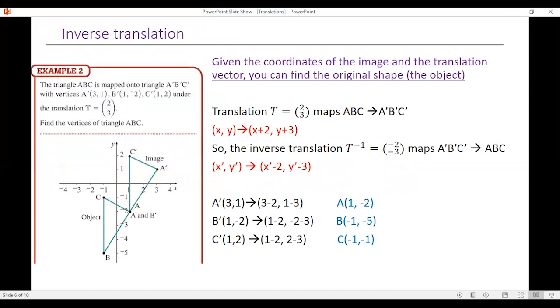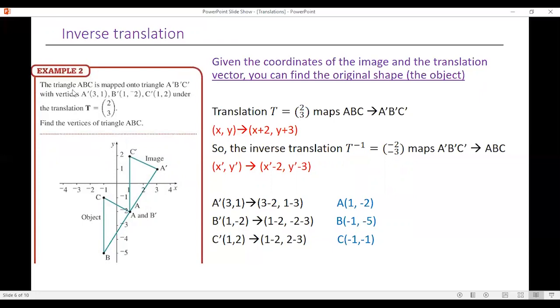Let's see another example. It is about the inverse translation. Let's see the diagram. Given the coordinates of the image and the translation vector, you can find the original shape.